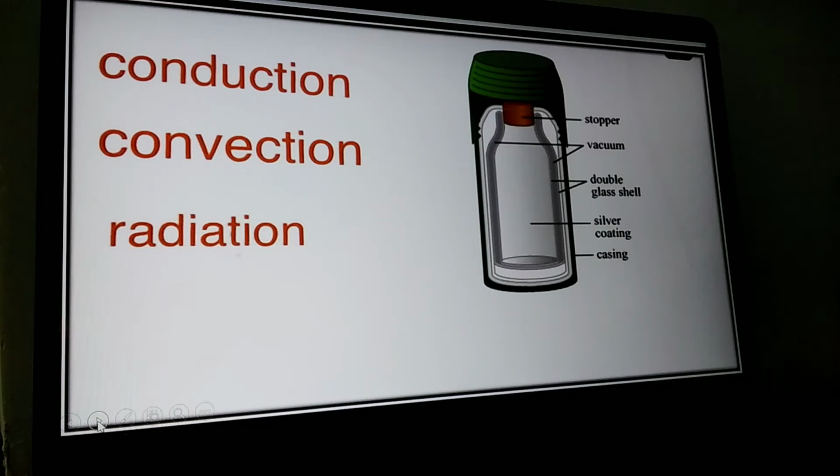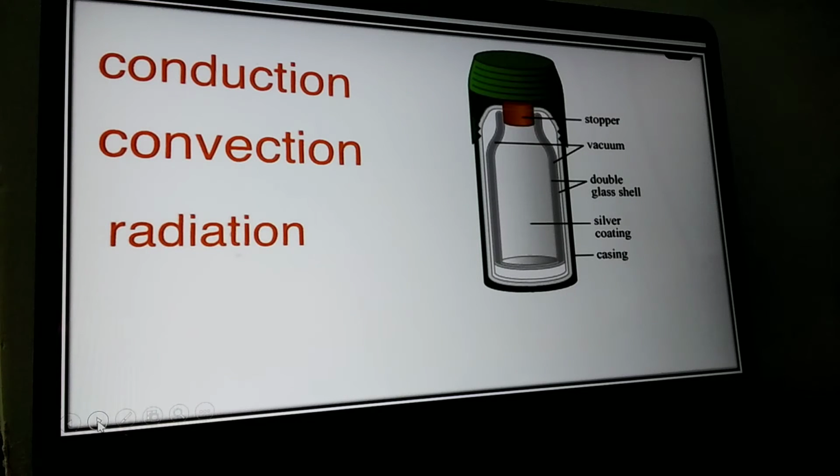Now, how all the three modes of heat transfer will be seen in day-to-day applications, that is in a thermos flask. In a thermos flask, how? If you are keeping the hot water, even after 2 days or 48 hours or 24 hours it will stay hot, because it undergoes all the three processes, that is conduction, convection and radiation.